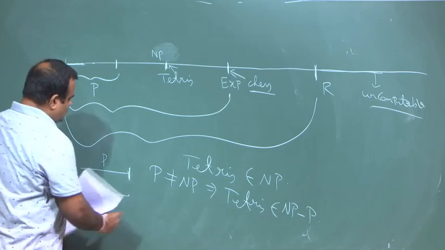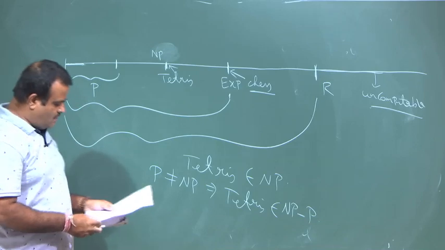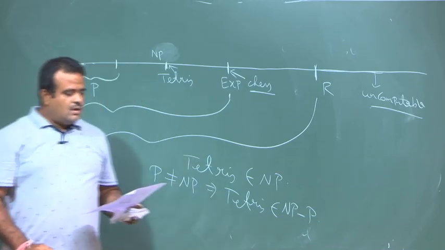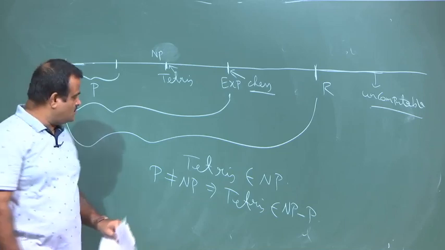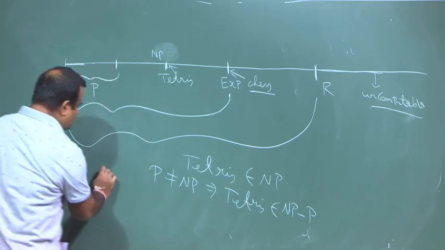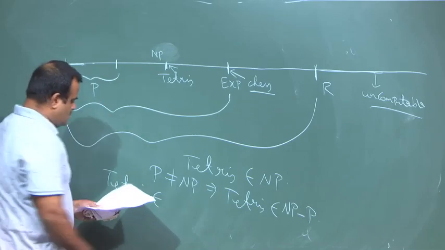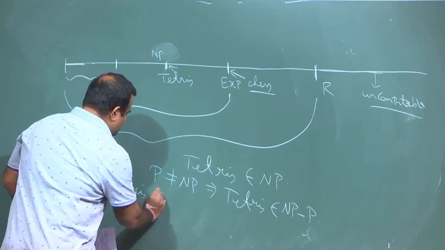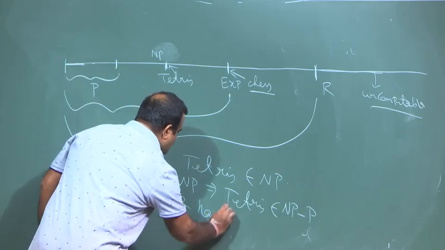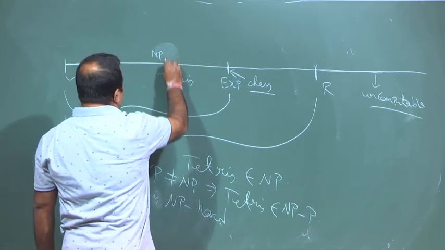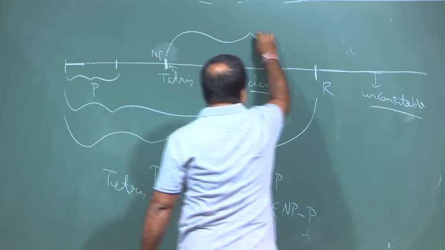So, that means this is the hardest problem, as hard as every problem in NP. In fact, Tetris is NP hard. NP hard means the set of all problems from here to here.